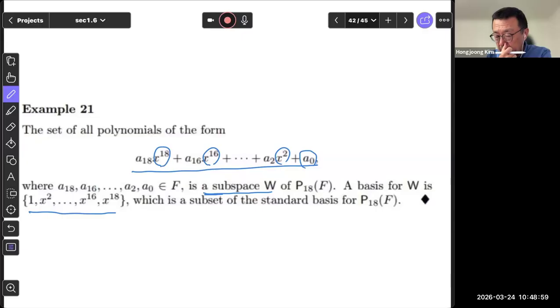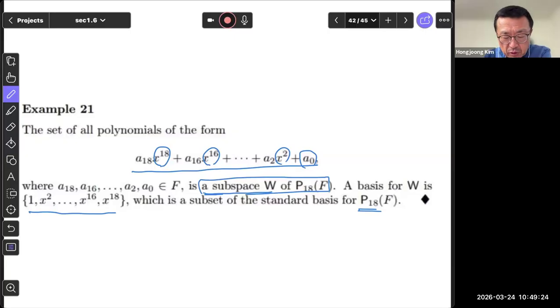And I can extend this set to form a basis for the original vector space. So three things are mentioned. First of all, this set will definitely be a subspace of P sub 18.